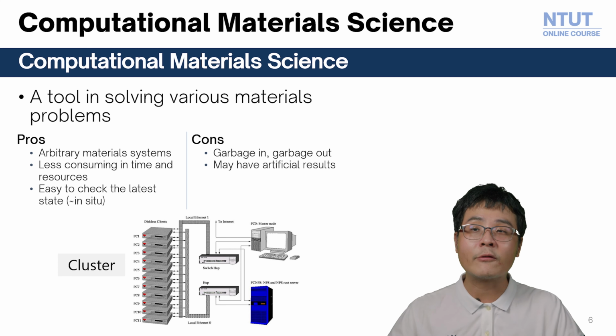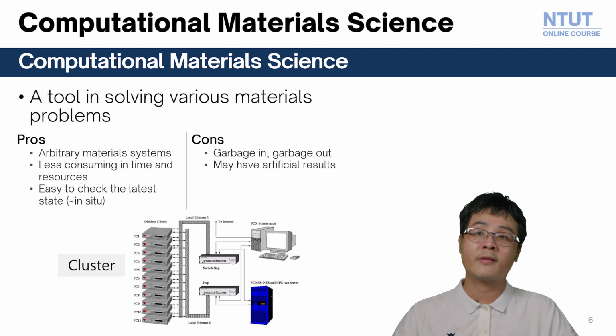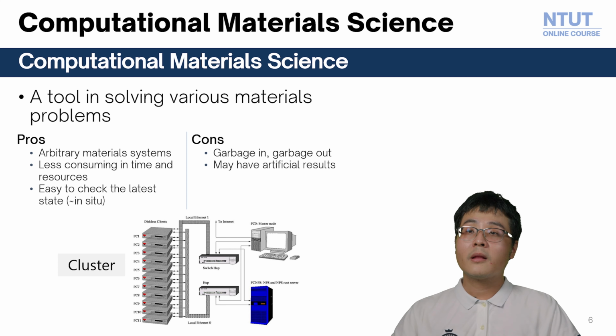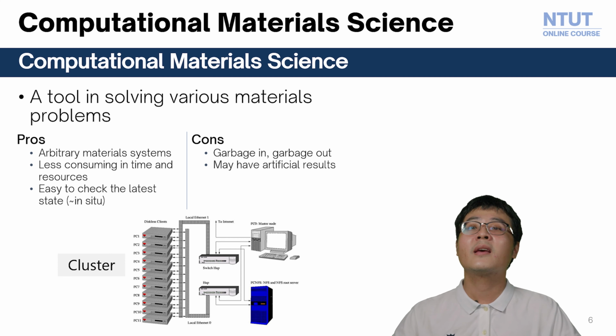The advantage of this kind of research is that, because the computer is a tool, we can apply it to any kind of material system. Compared to a real experiment, computational material science typically consumes less time and fewer resources.